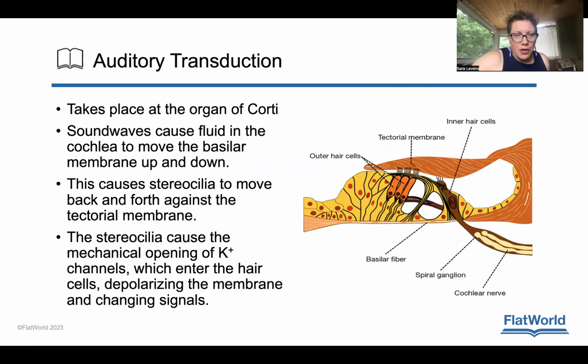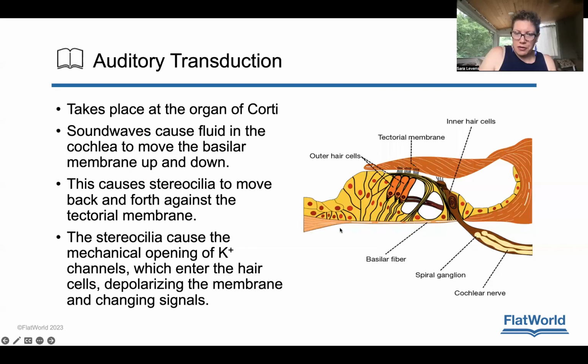Okay. So auditory transduction takes place at this organ of Corti. Remember, this is inflexible, but this is semi-flexible down here. So the sound waves, as they come in, cause the fluid in the cochlea to move the basilar membrane up and down because it's flexible.